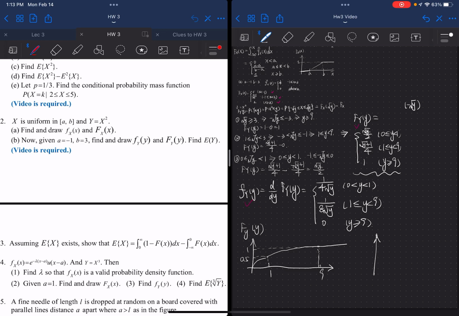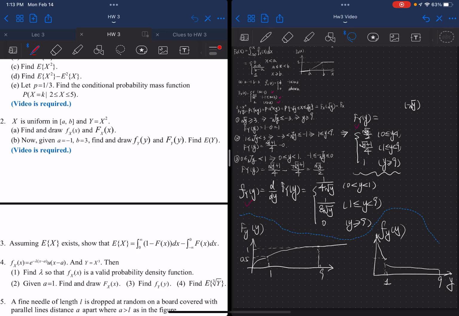And this is the probability density of Y, which equals 0 when y is greater than 9. And this is for the two plots.